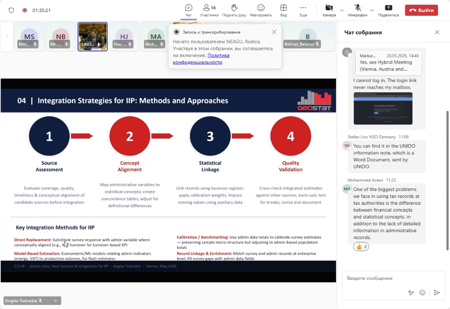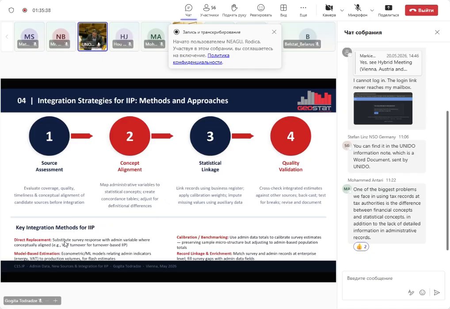Third, statistical linkage through record matching, calibration, and imputation. And fourth, quality validation through backcasting, break testing, and documentation.